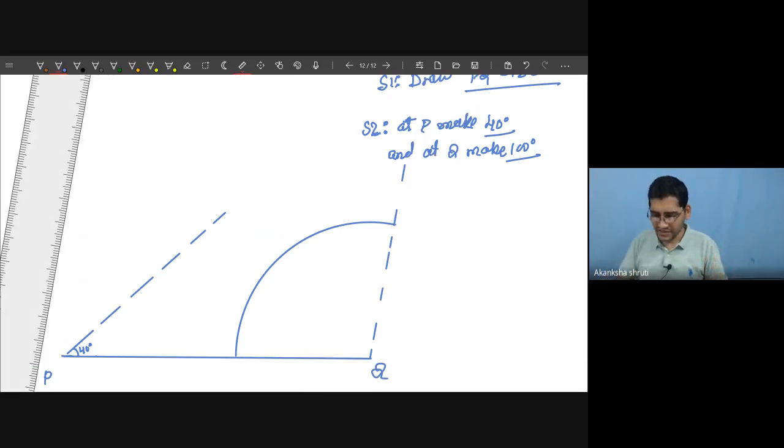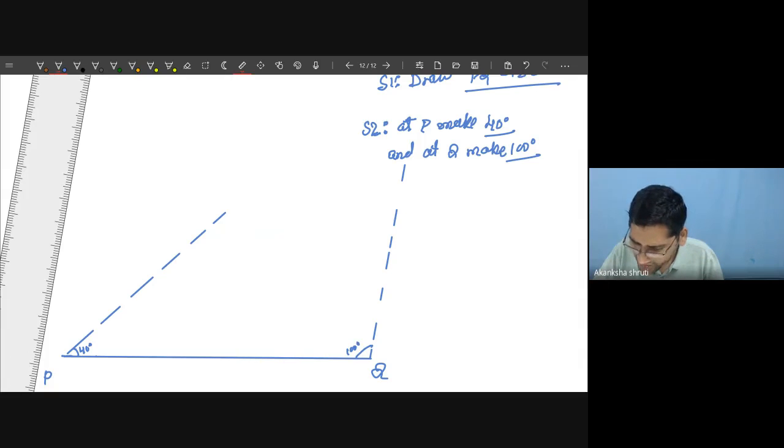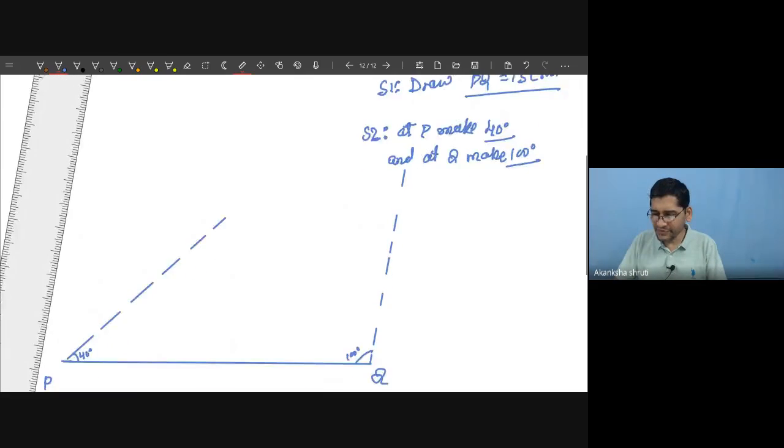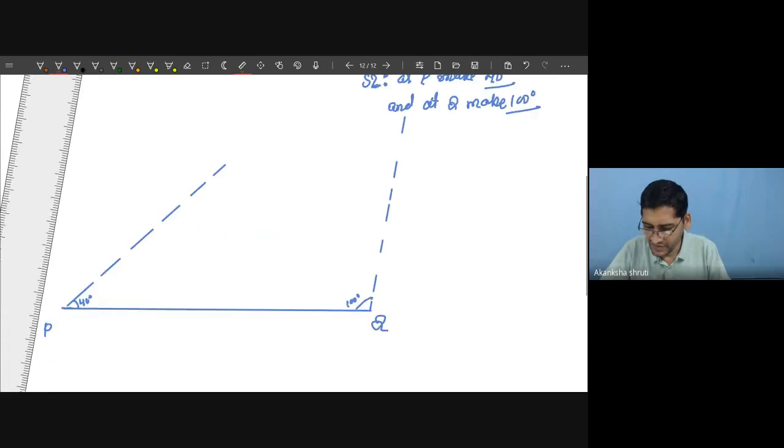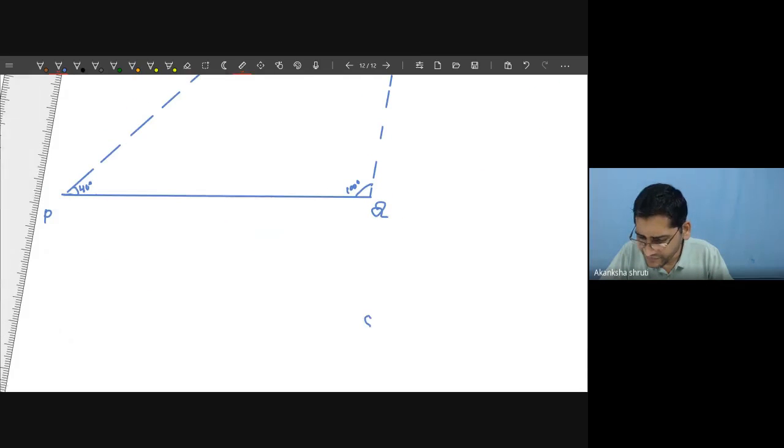These are the two angles that we have drawn. It is our how much? 100 degrees. Now, the next step is more important. You have to draw the angle bisector of these angles at P and Q. So, the next step, let me write here.